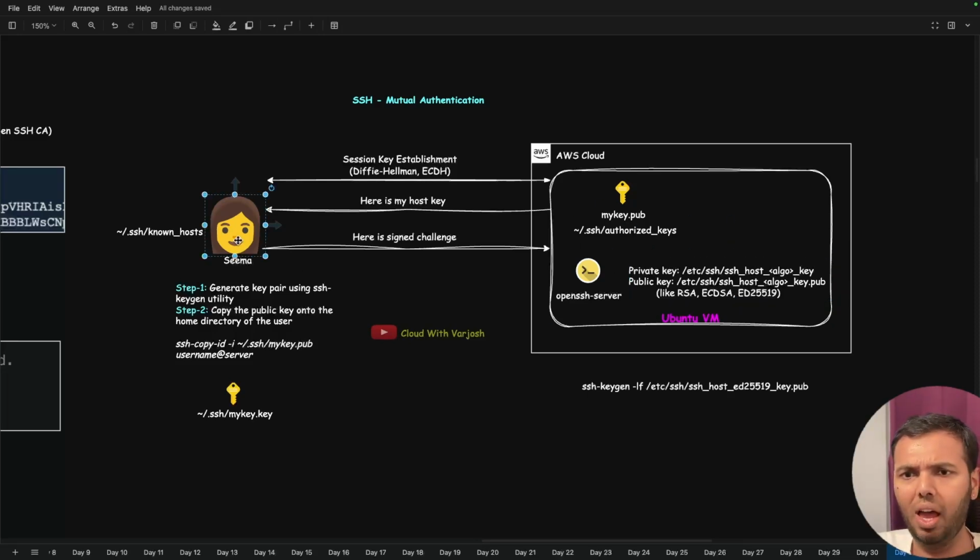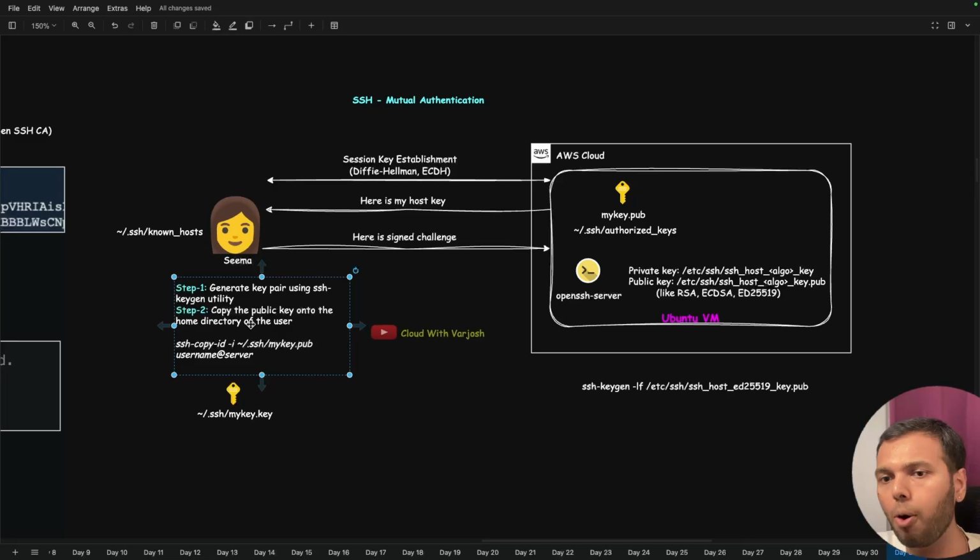Then we also have a user, Seema. Seema wants to access this Ubuntu VM. So as step 1, Seema generates a key pair using the ssh-keygen utility. Once that key pair is generated, in step 2, Seema copies the public key onto the home directory of the user.